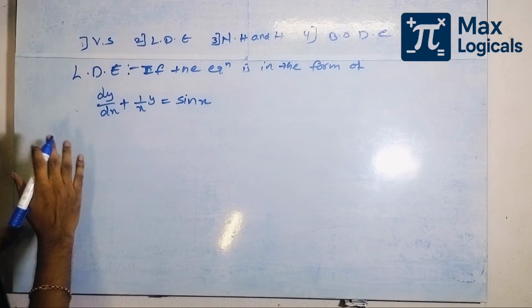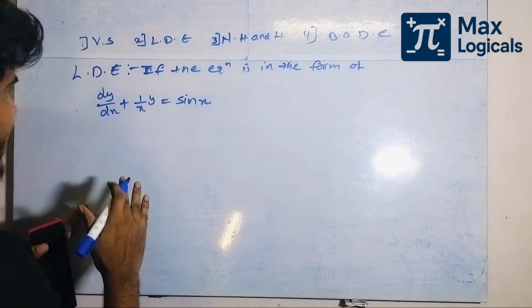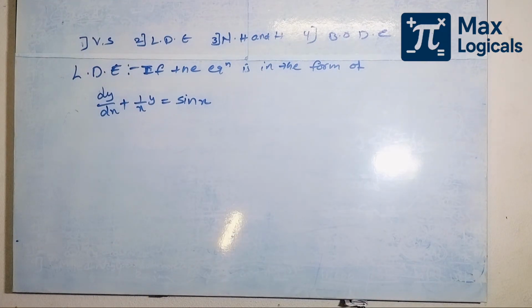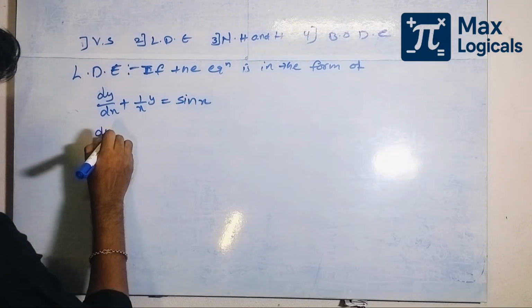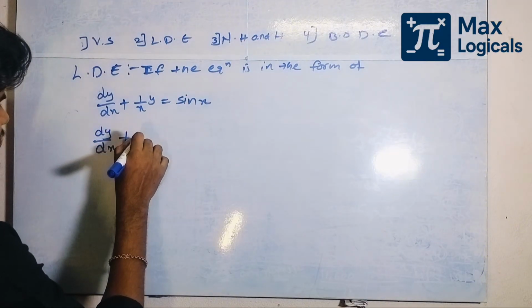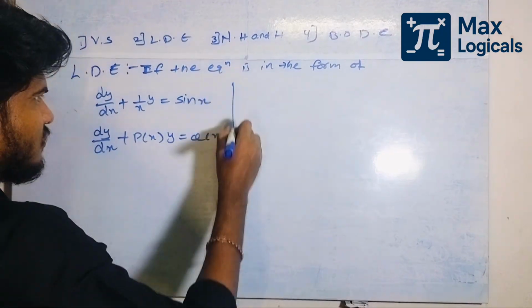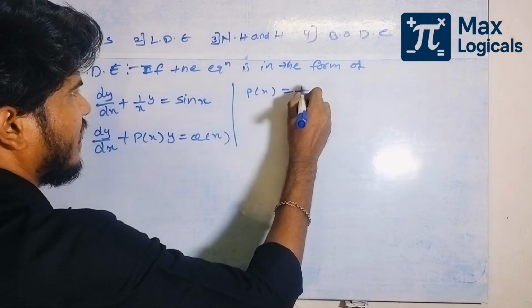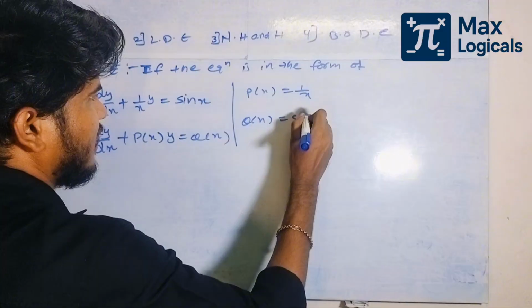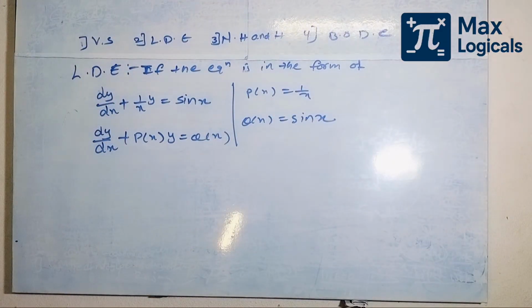First, we compare it with the general form dy by dx plus p of x y equal to q of x. What is p of x? p of x equal to 1 by x and q of x equal to sin x.